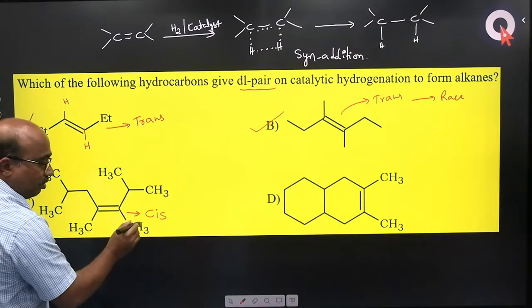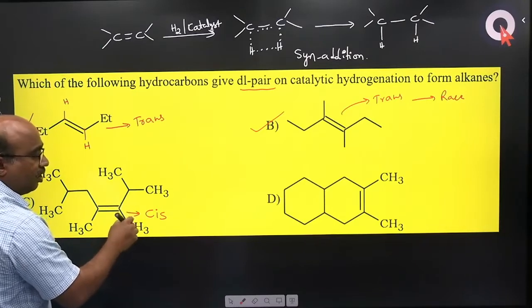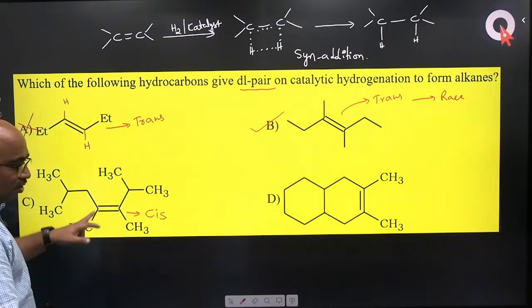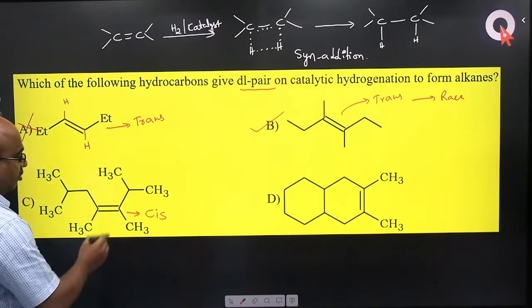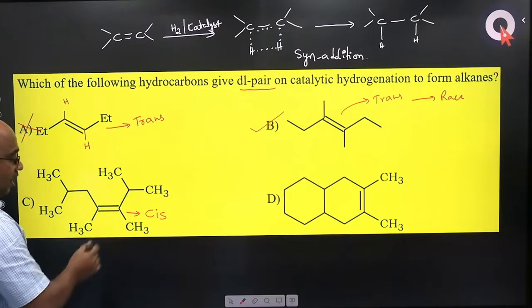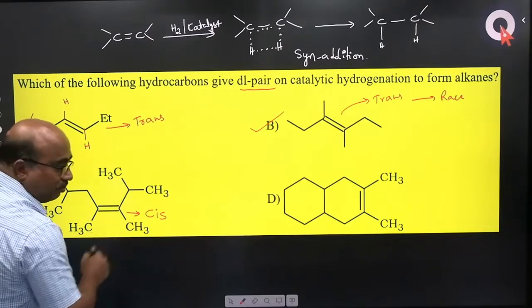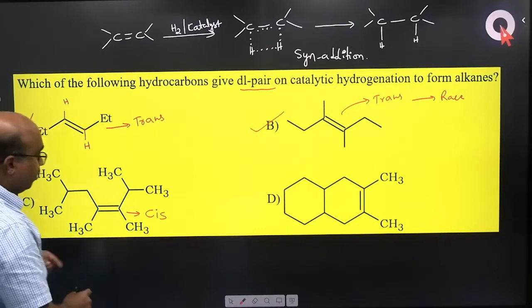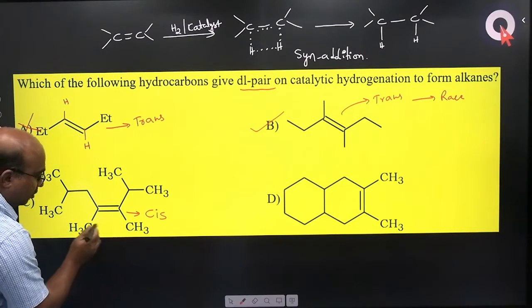So the cis isomer with syn addition will give meso. But anyhow, this compound will not give meso because the groups are not completely the same. So here you can't use that abbreviation. Clear, I think, because here there is a CH3 and CH3.